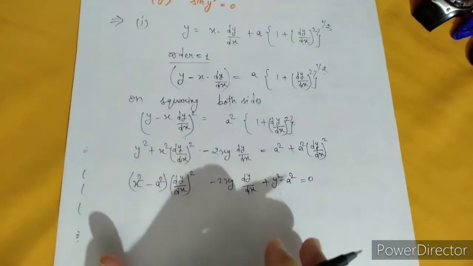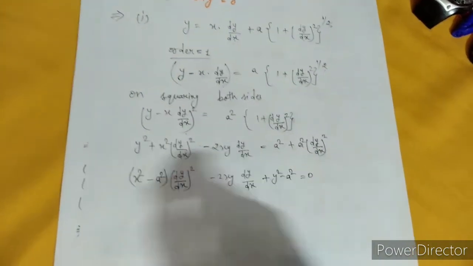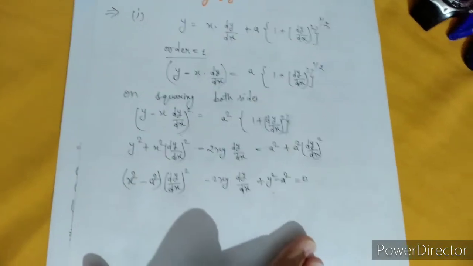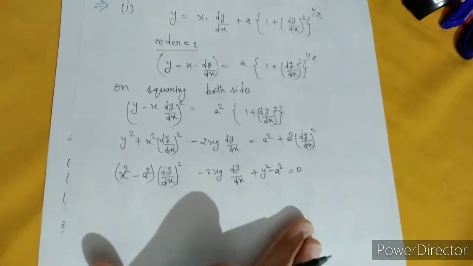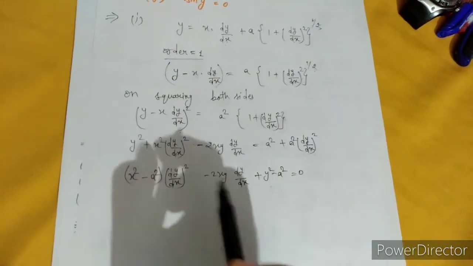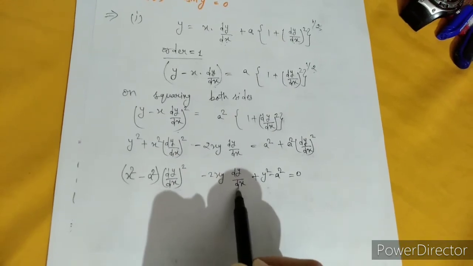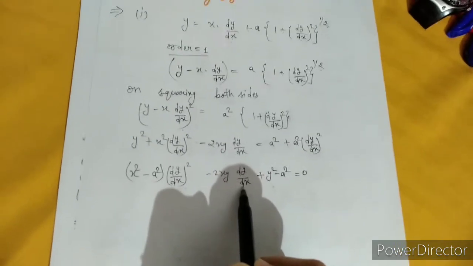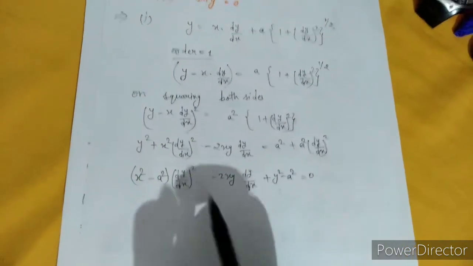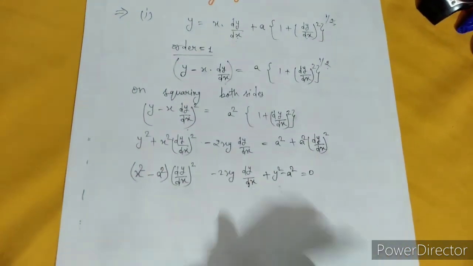But I want to resolve this part for you so that you can easily understand the degree of this differential equation. So (x² - a²)(dy/dx)², this is a first order derivative, and we want the highest power of the highest derivative. Which one is the highest derivative?